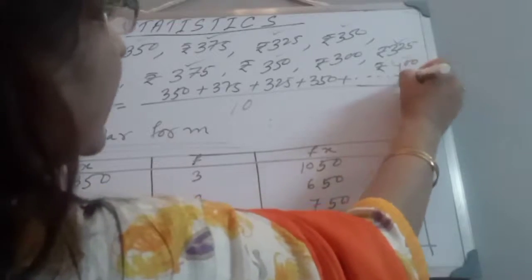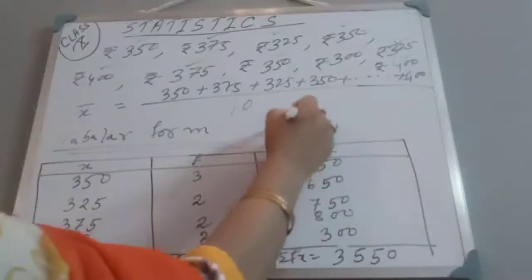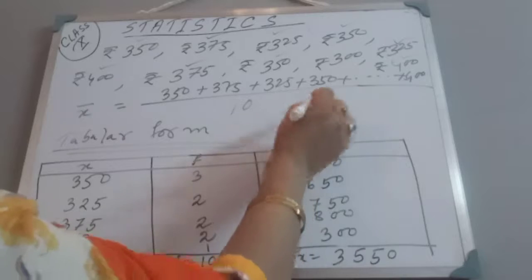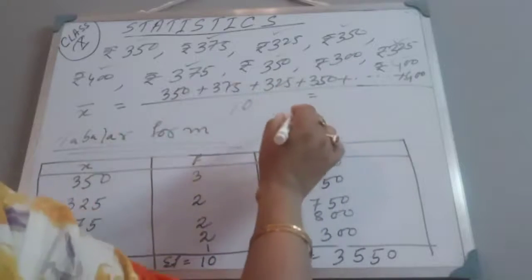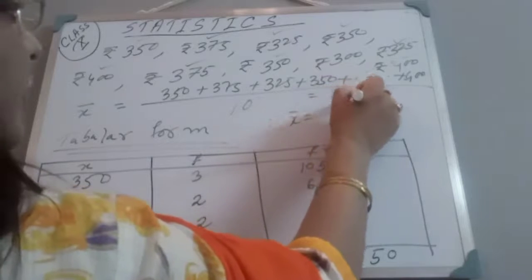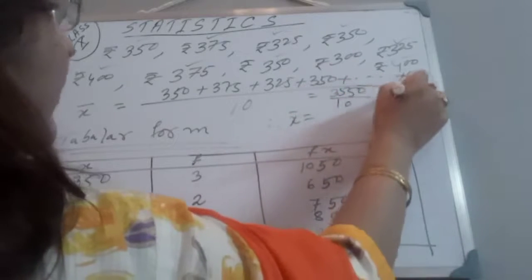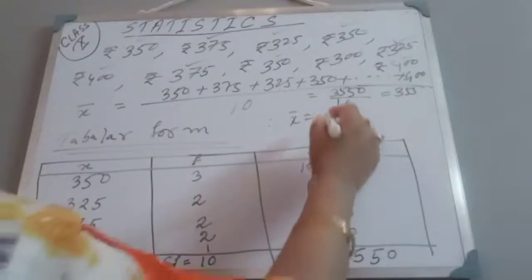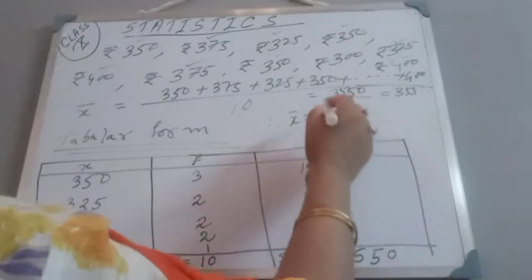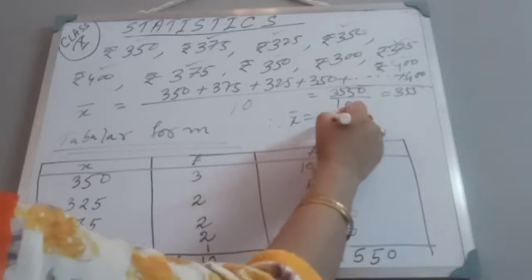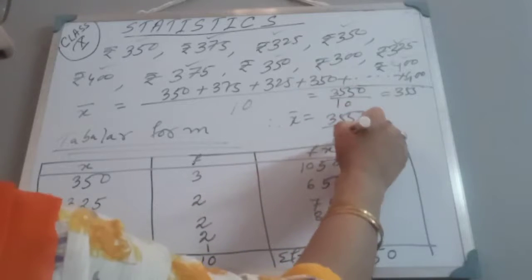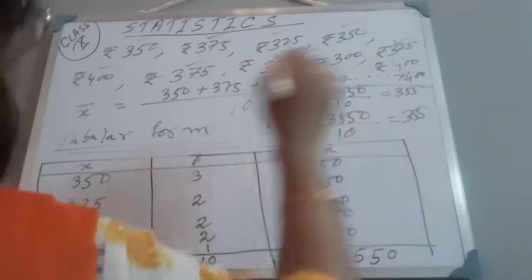Now x bar again: if we add all these things, we get the same thing. 3550 divided by 10 is 355. And here also when we add fx, we get 3550 divided by 10, which is 355.